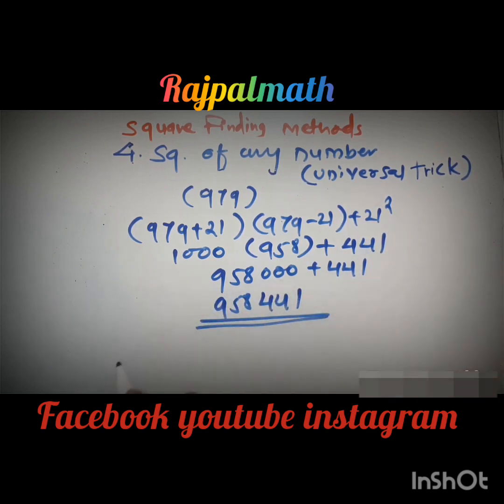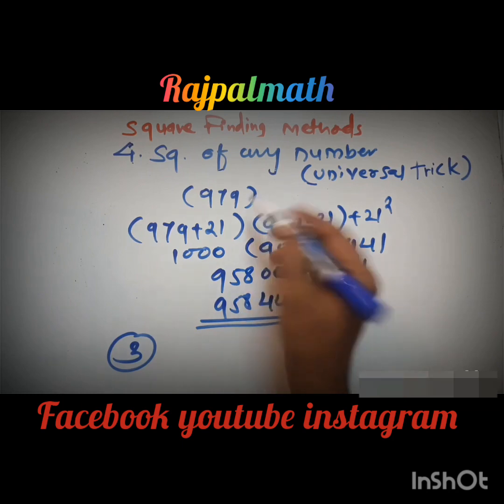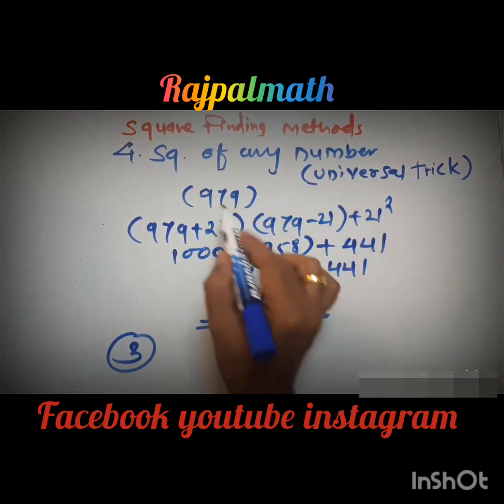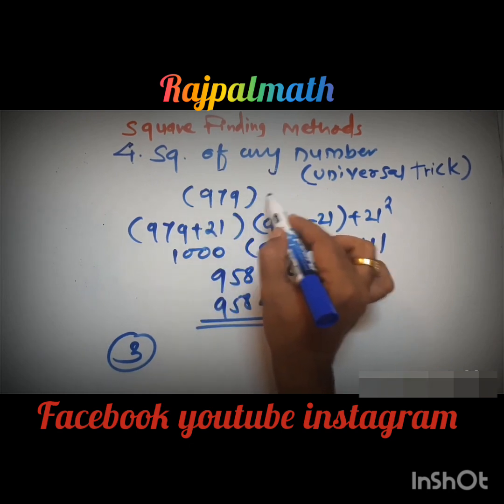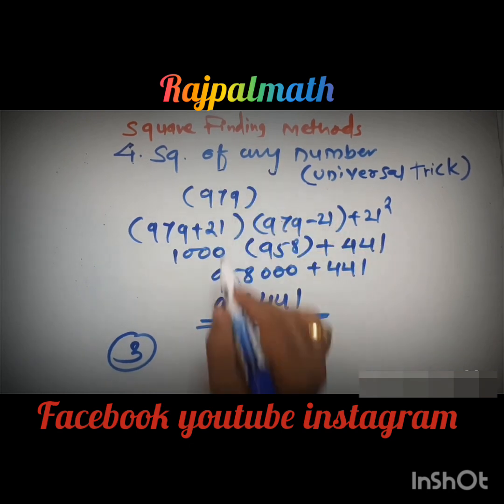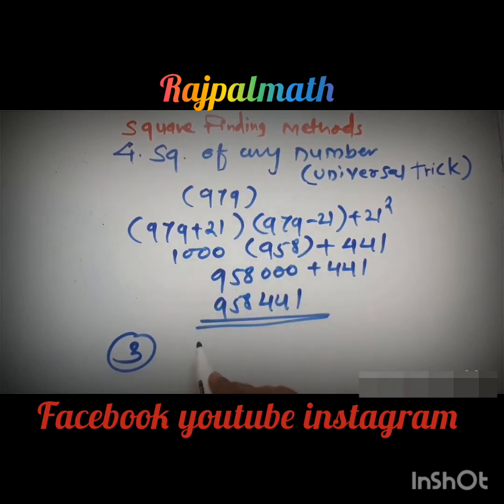If you remember our third method, where we were finding the square of any number close to 50, 100, 1000, if you apply that method, you can simply see 979 is 21 short. So basically the 21 you should reduce from 979. So 979 minus 21 and the square of 21.